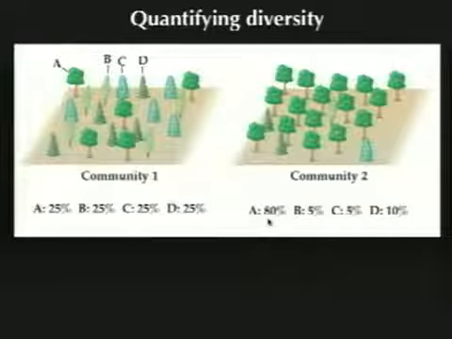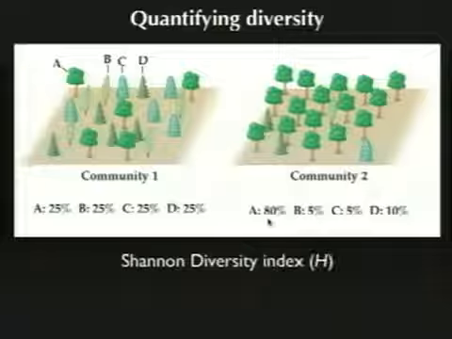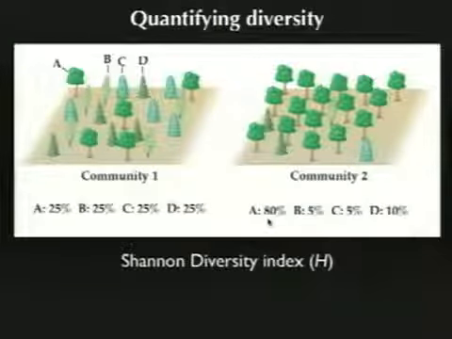How can we formally measure diversity here? Here's an index. I believe this is from the 8th edition; sorry, I haven't looked at it in a couple of months. I believe this is given to you, the Shannon Diversity Index. I'd like you to understand what it's doing.